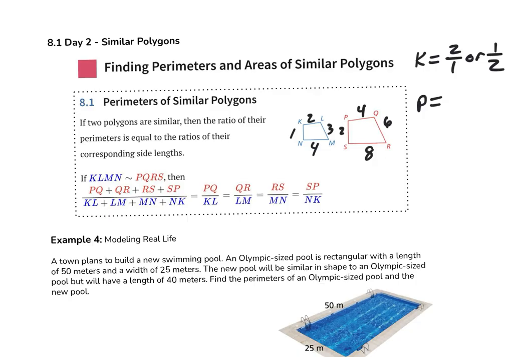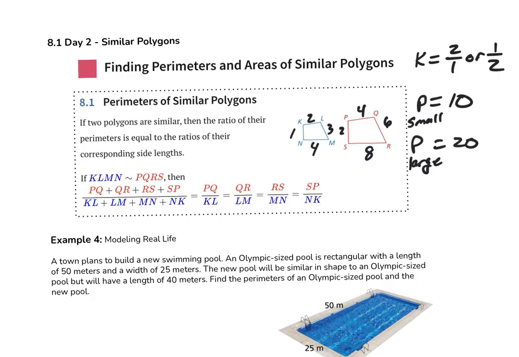So if I did it for the first figure here, 1 plus 2 is 3, 3 plus 3 is 6, 6 plus 4 is 10. So the perimeter of the small figure is 10. Okay, the perimeter of the larger figure. Let's add it up. 2 plus 4 is 6, 6 plus 6 is 12, 12 plus 8 is 20.